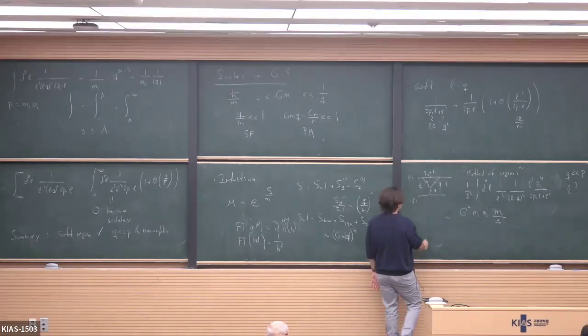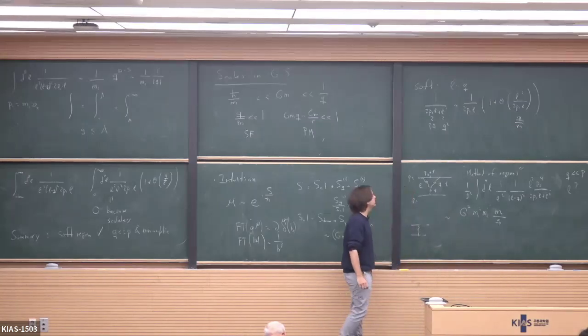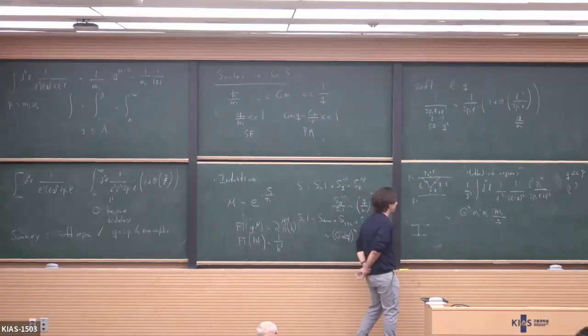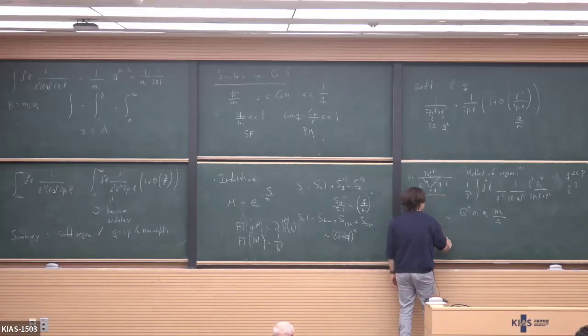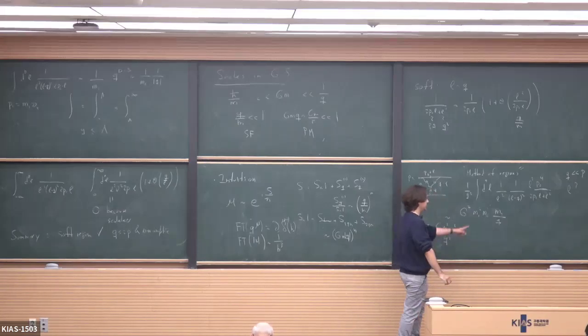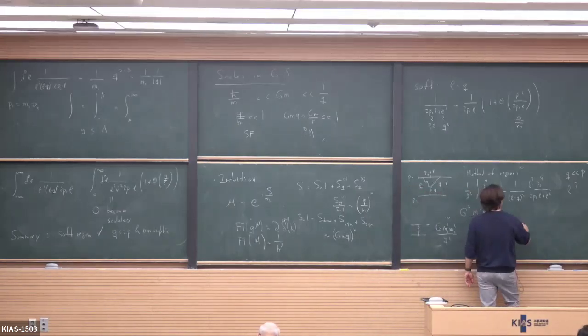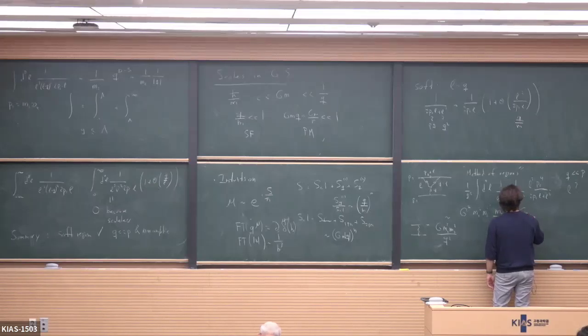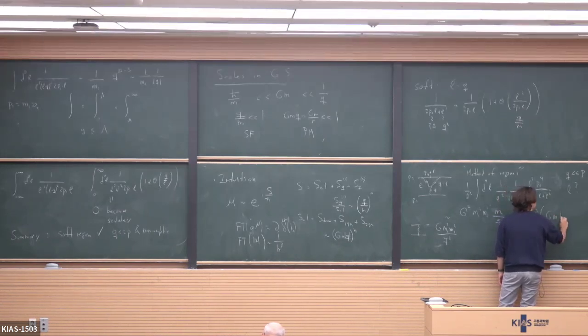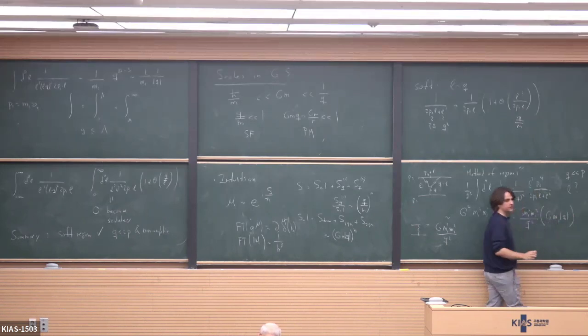Okay, let's compare with the tree-level diagram. This tree-level diagram would have given us the leading contribution. This just goes like g m1 squared m2 squared over q squared. So indeed, we see that this thing goes like g m1 squared m2 squared over q squared, times g m2 absolute value of q.